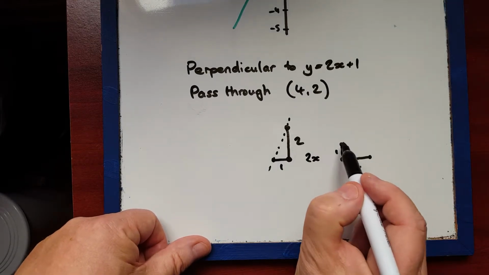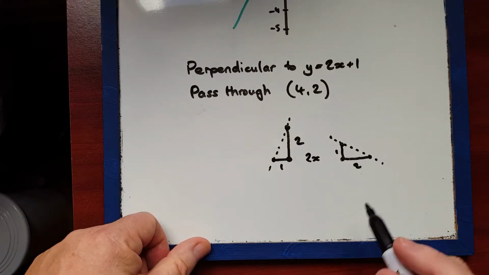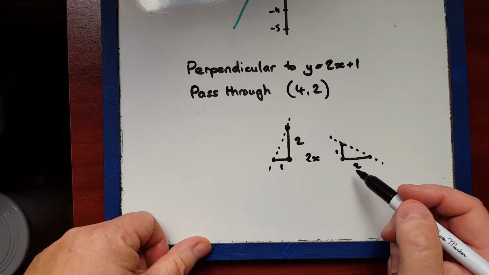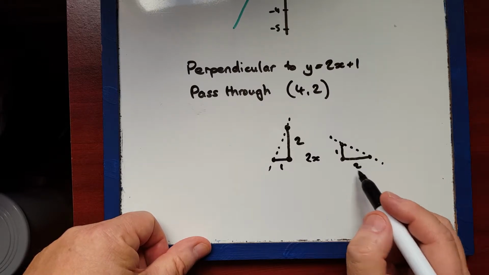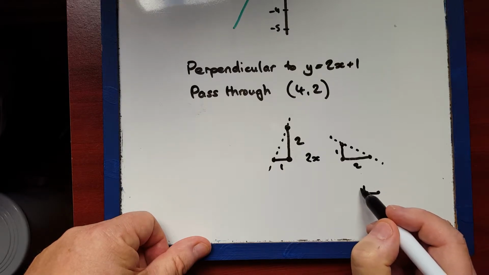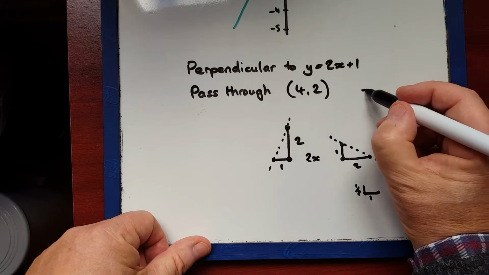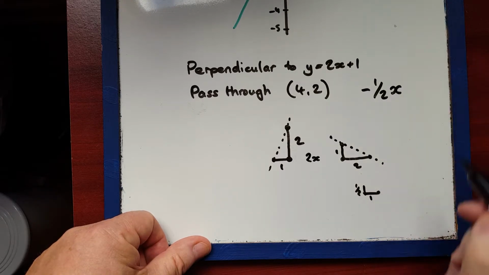That would be this kind of line, which would be perpendicular. Now, along 2 doesn't work in your gradient. You've got to go along 1. So if we're only going along 1, then we're only going up a half. So our gradient is going to be minus a half x.